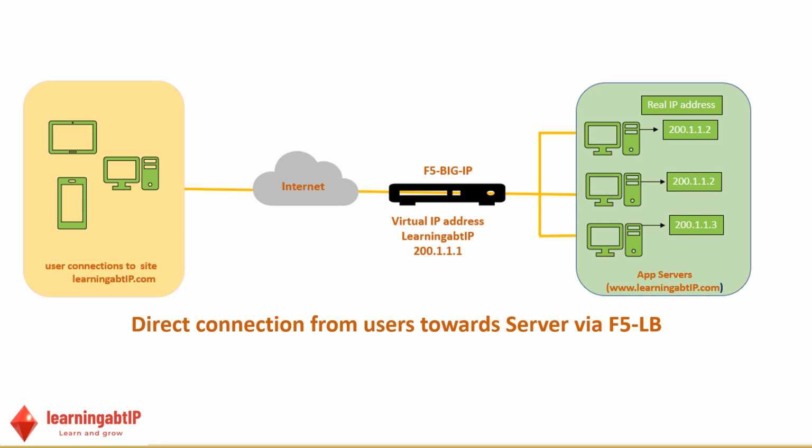When a client requests learning about IP, its DNS server replies with the learning about IP address assigned by Big IP. Then Big IP forwards the request to the best available server and performs all sorts of functions such as load balancing, traffic escalation, access control, application security, and protects all the servers from attacks individually. Now, this Big IP has a great view of server availability. On the basis of that, it is doing something amazing and intelligent.